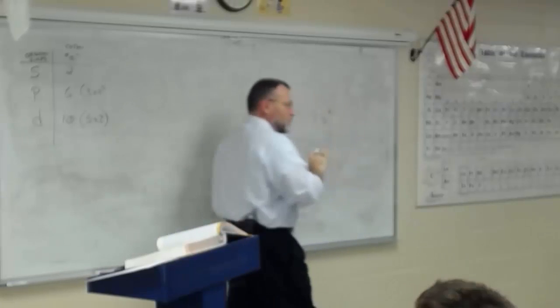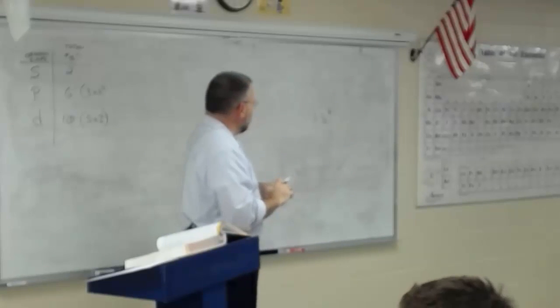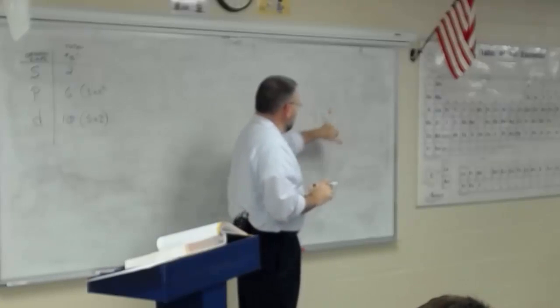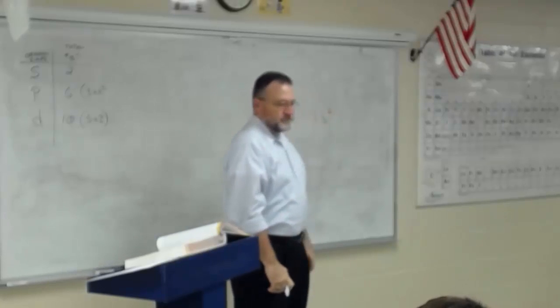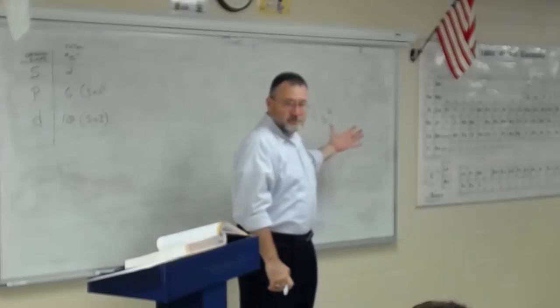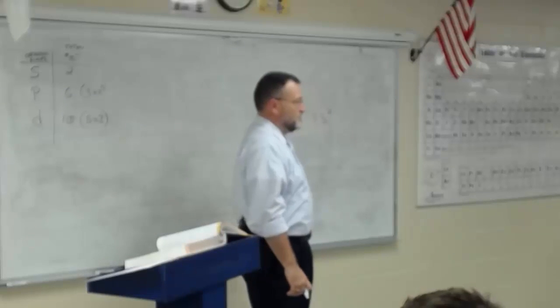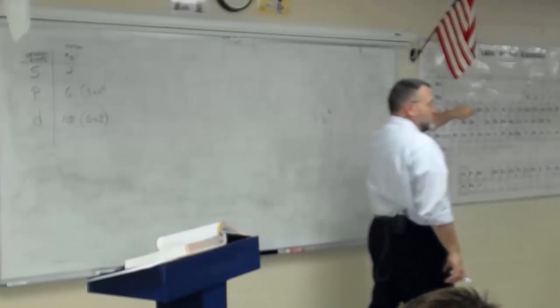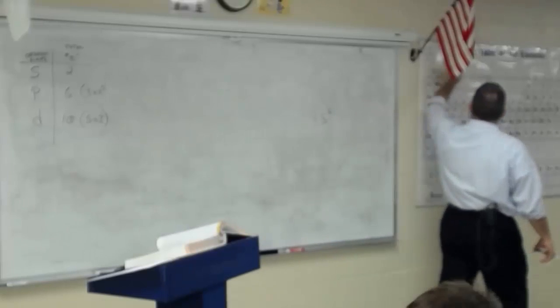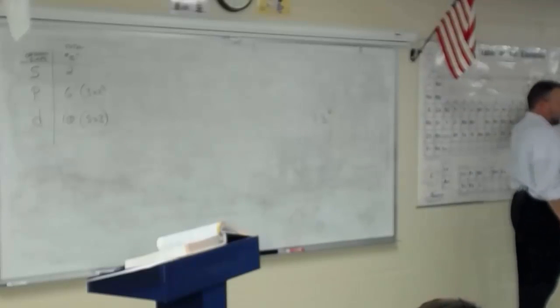What does this notation tell me? I have 2 electrons in the 1s shell. It's full, right? I can't have more than 2 in the 1s shell. I'm building aluminum, so I've accounted for the first electron, the second electron.